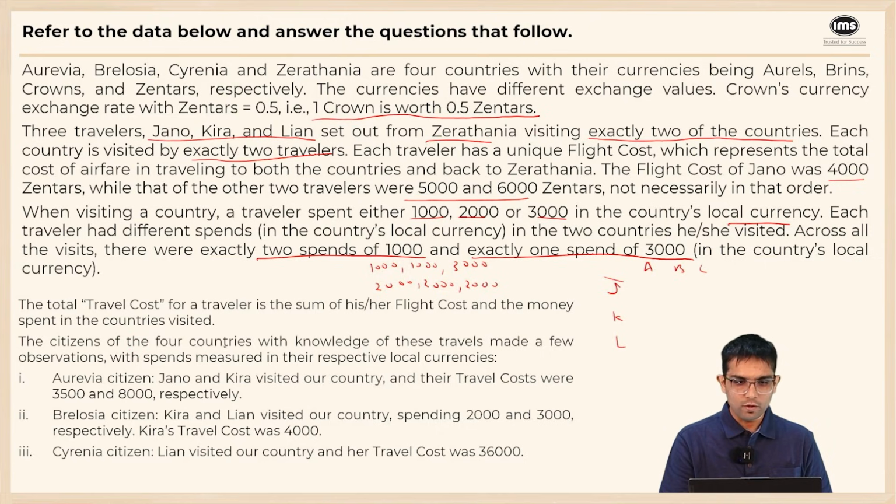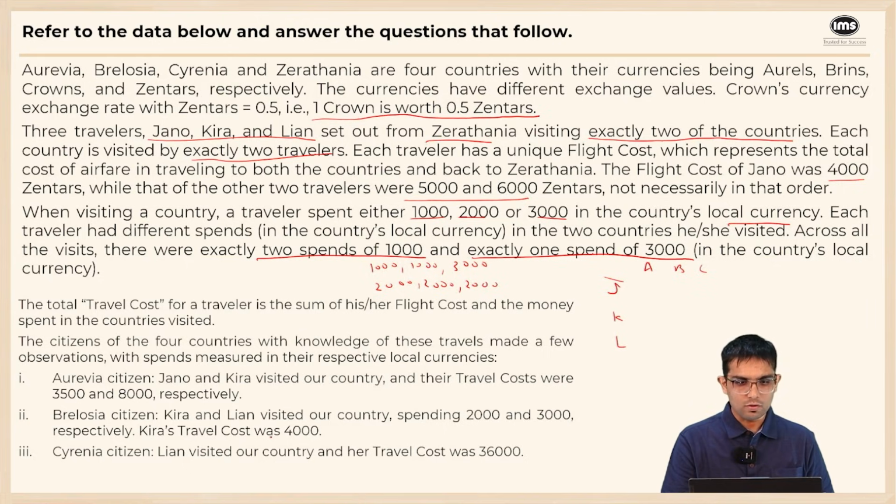The citizens of the four countries, with knowledge of these travels, made observations, with spends measured in the respective local currency. The A citizen said that J and K visited their country and their travel costs were 3,500 and 8,000 respectively in the currency of A. The B citizen said that K and L visited their country spending 2,000 and 3,000 respectively.